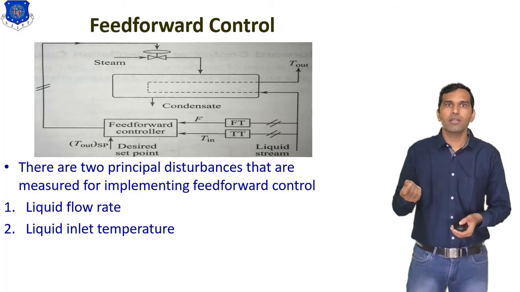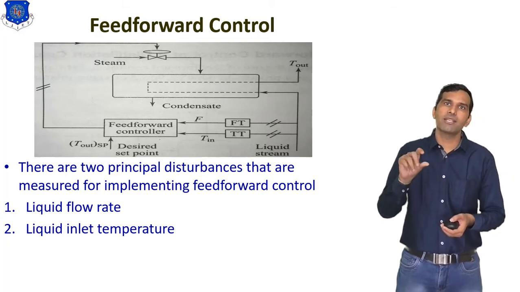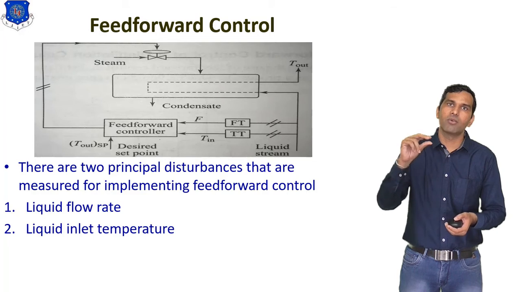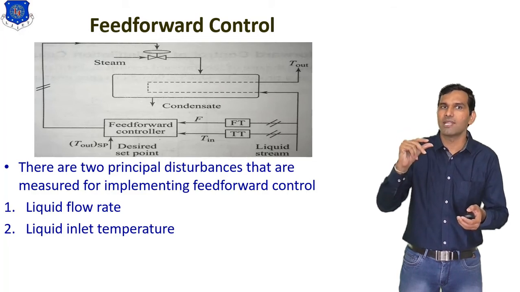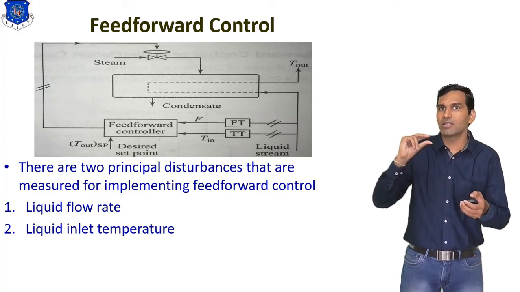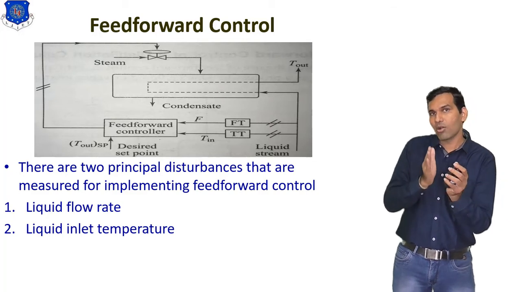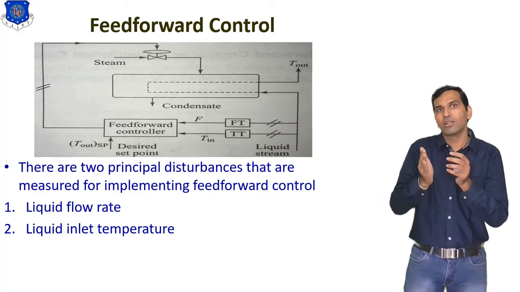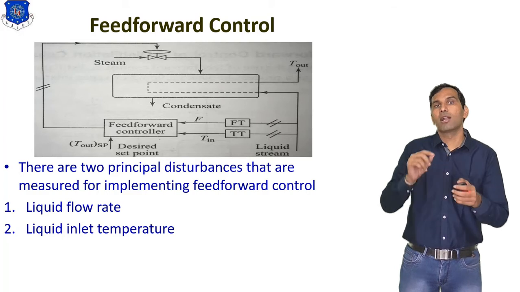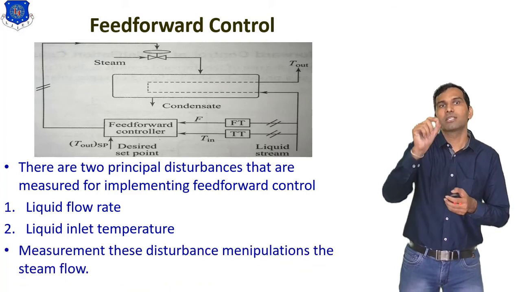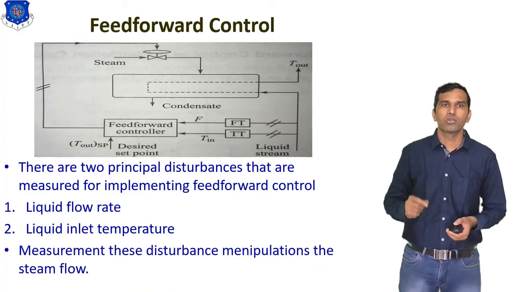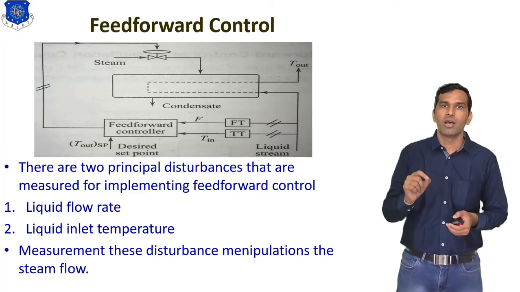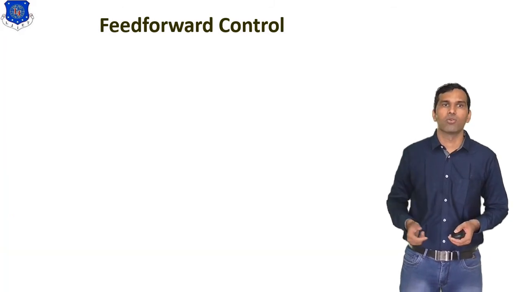Accordingly, if the liquid flow rate or the liquid inlet temperature changes, then the controller varies the inlet steam flow rate. So the measured disturbance manipulates the steam flow rate.